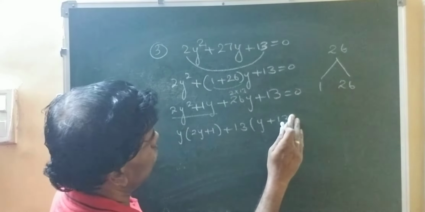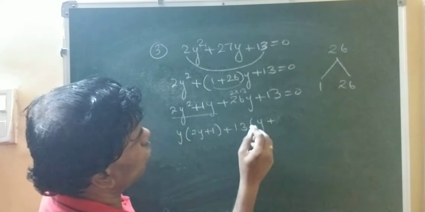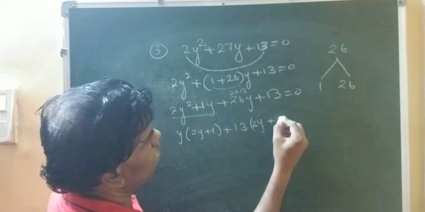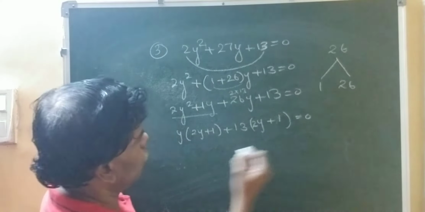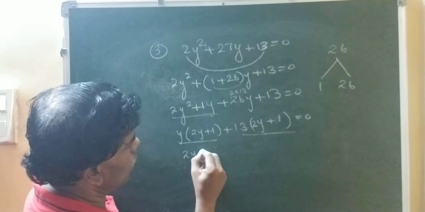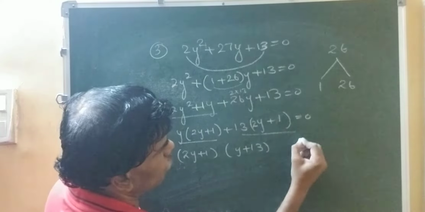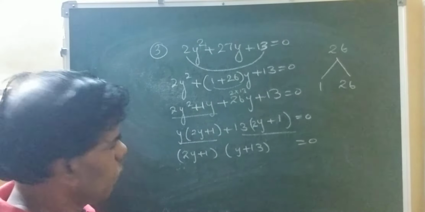Sorry. 2y plus 1. So what is common? 2y plus 1 into y plus 13 is equal to 0.